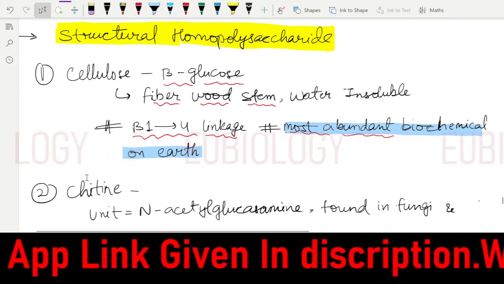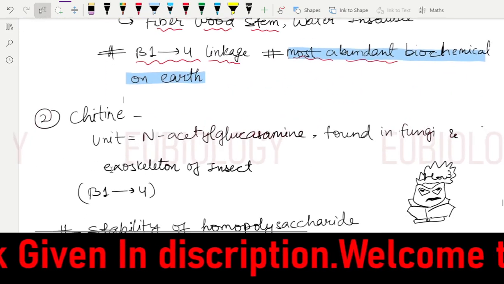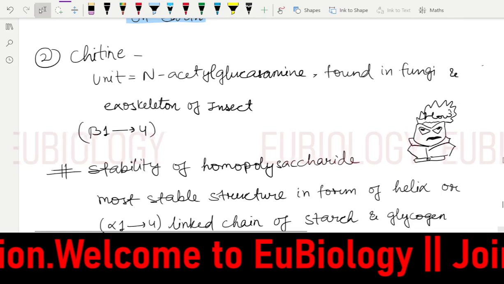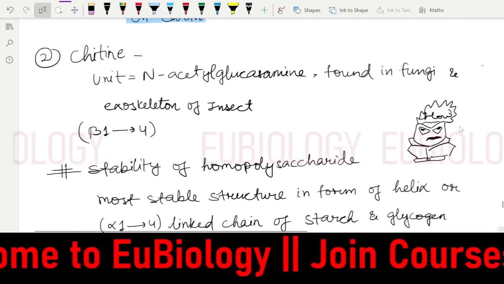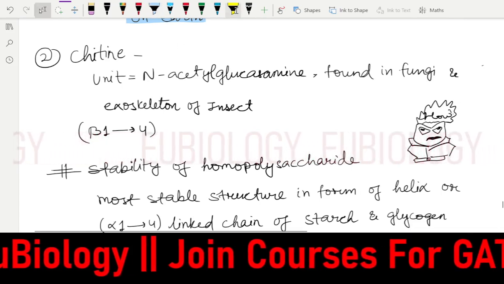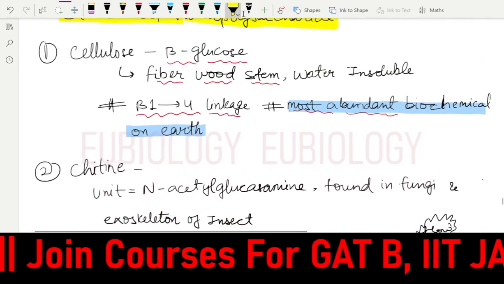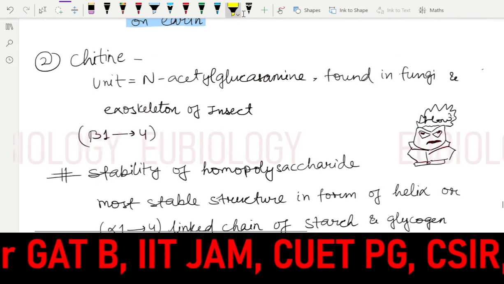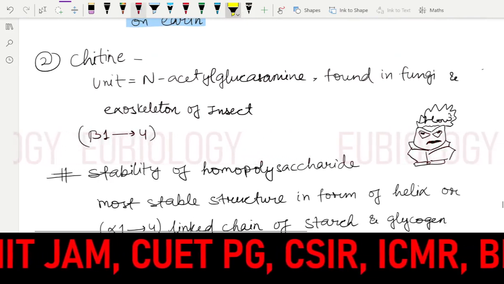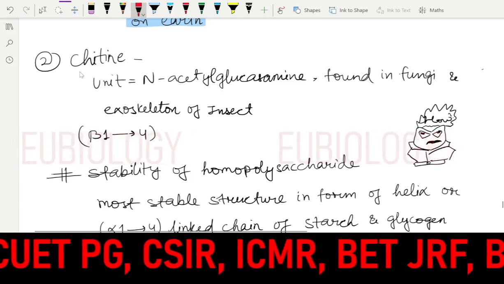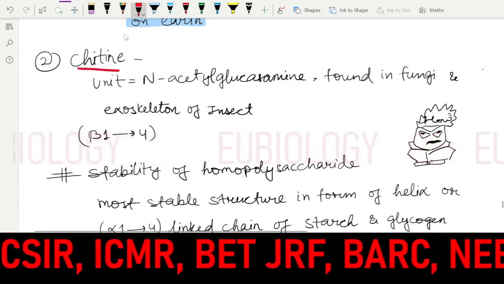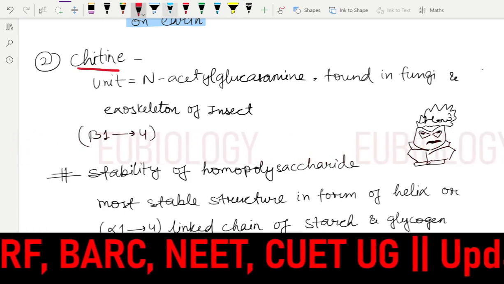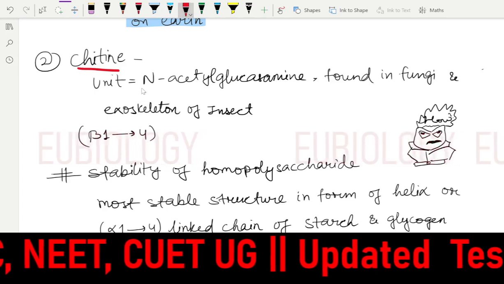Now we are going to see another structural homopolysaccharide, that is chitin. Chitin has one unit, which is called N-acetyl glucosamine.